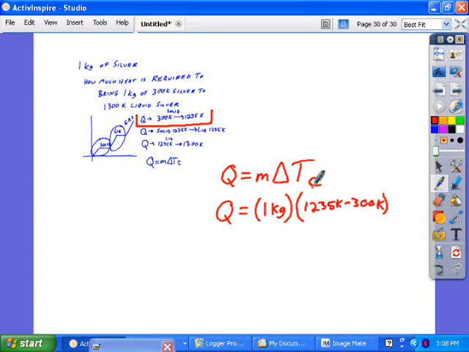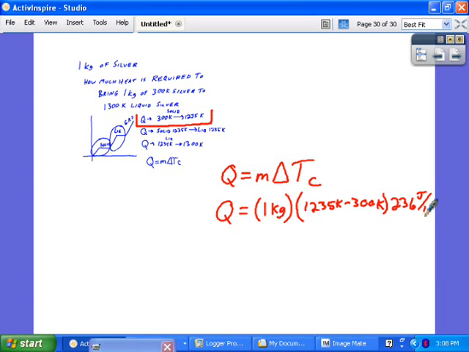C. We already said out of the book, the C that I'm looking for silver as a solid is 236 joules per kilogram Kelvin. Okay, so Q equals... now I got myself to a math problem here. 1235 minus 300 is going to be 935.